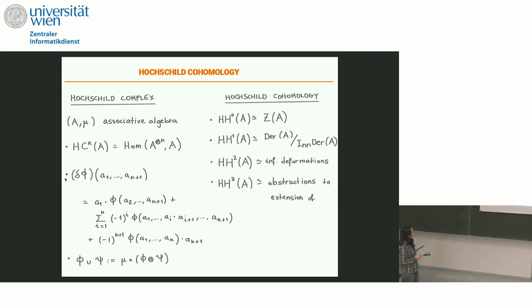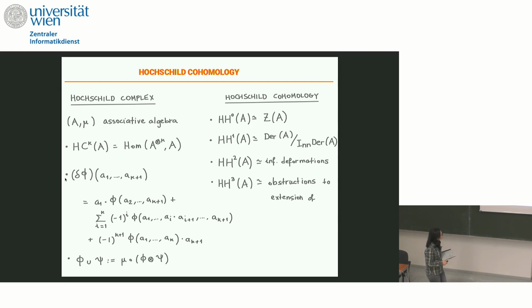Okay, so I have an associative algebra, and then I cook up a complex, this one. So I just take homomorphisms with k inputs and one output on A. Okay, this is a graded vector space. And then we have more. We can define a differential, delta.